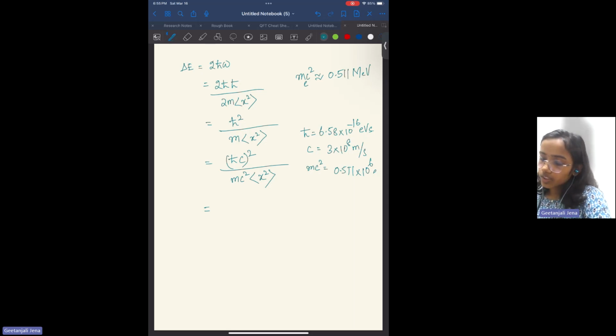So the next problem is based on the spin quantum number. It is telling the component along an arbitrary direction n cap with direction cosines nx, ny and nz of the spin of a spin up particle is measured.